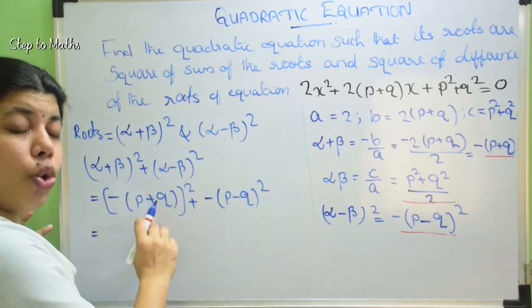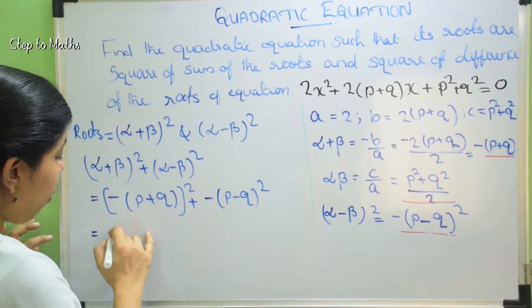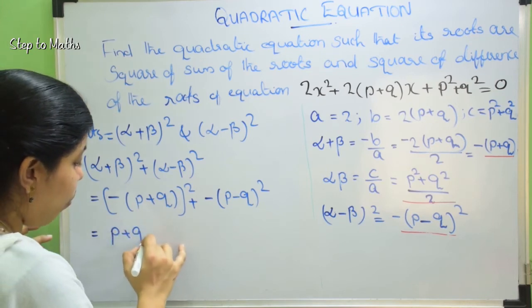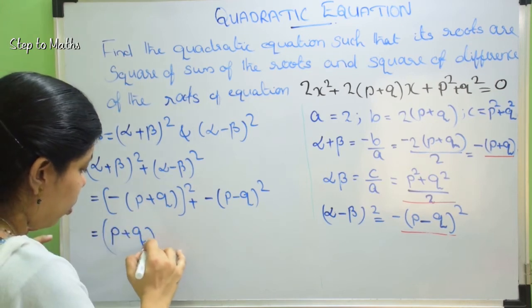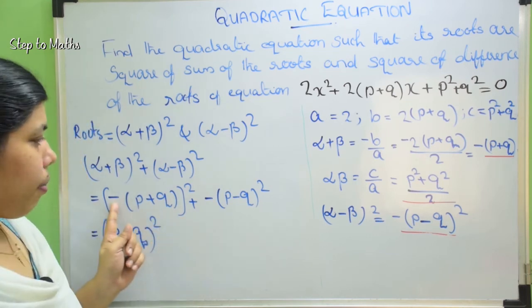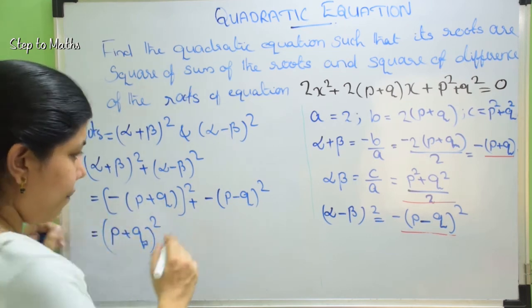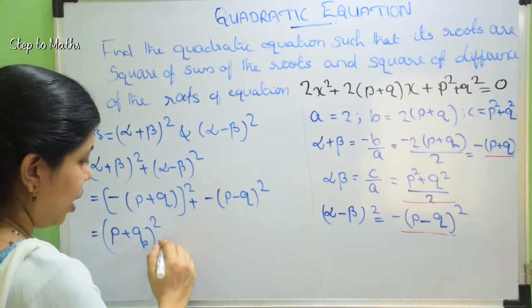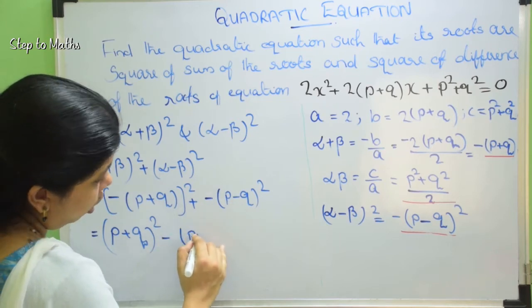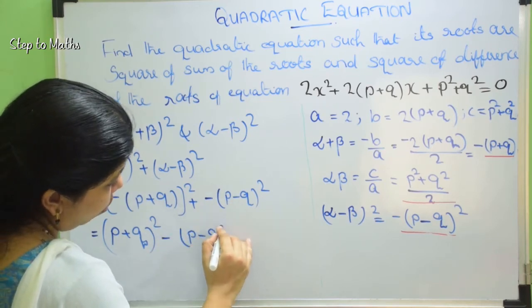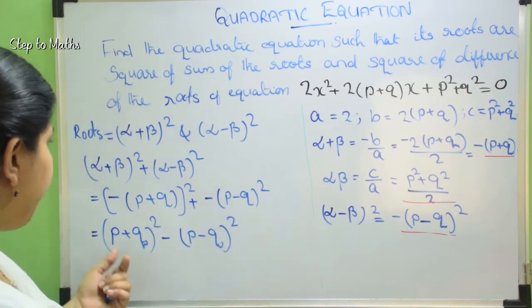Minus of p plus q whole square is equal to p plus q square plus minus, it becomes minus of p minus q square.